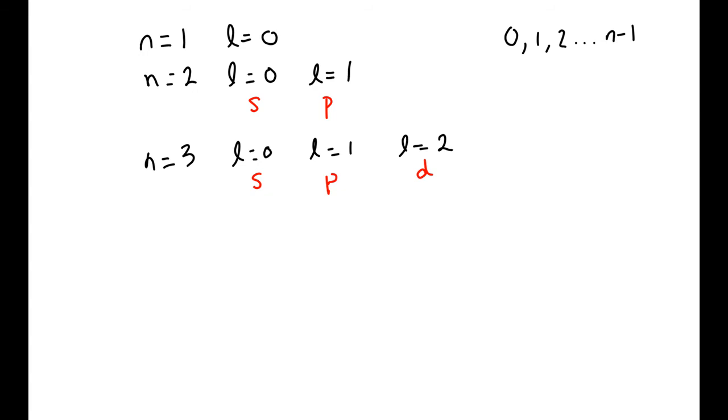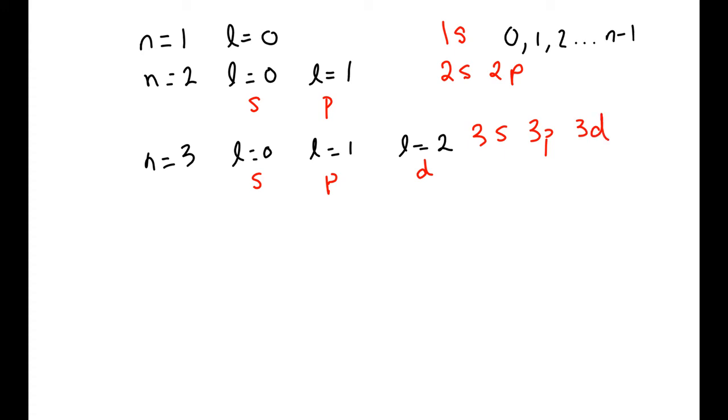So on the first energy level, you can have a 1s orbital. Second energy level, you get 2s and 2p orbitals. And on the third energy level, you get 3s, 3p, and 3d.